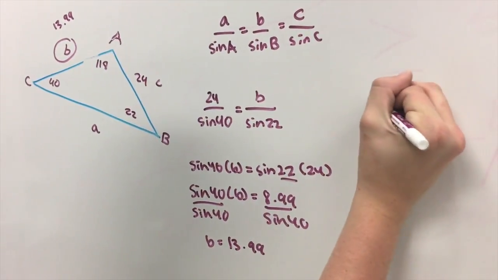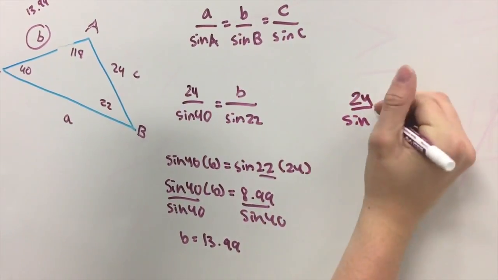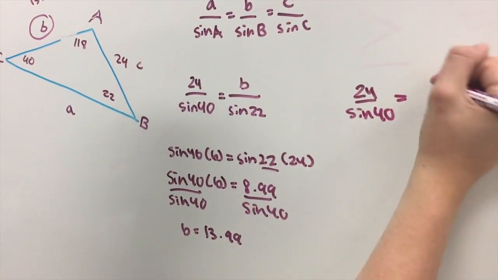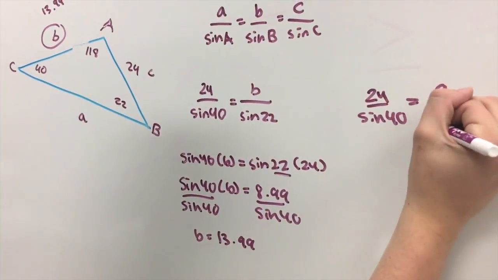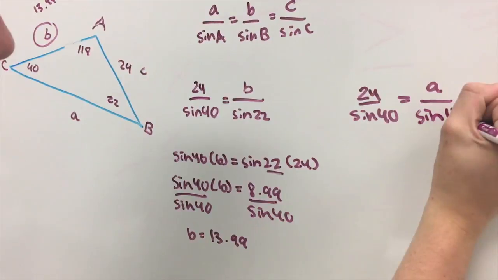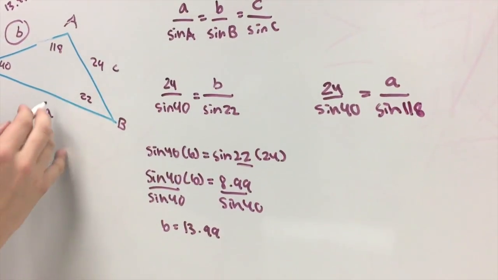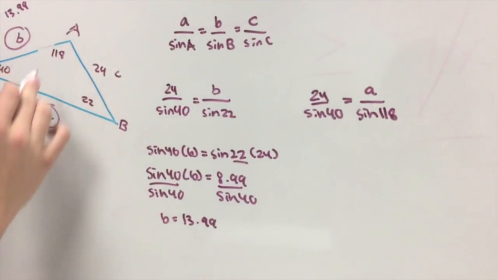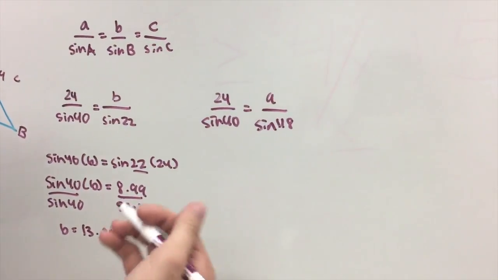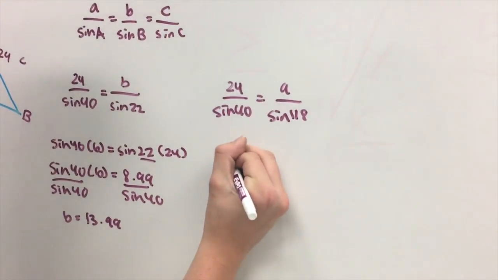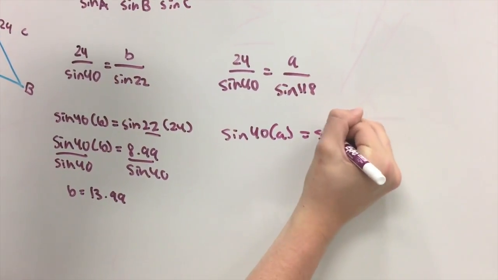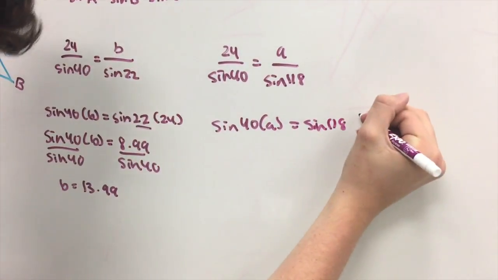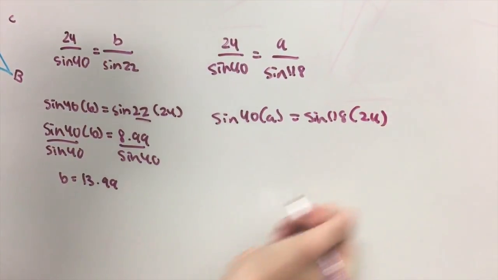So we can use 24 over the sine of 40, which is c over the sine of C, equals a over the sine of angle A, which is 118. We're solving for this a right now, so we want to cross multiply again, and we get the sine of 40 times a equals the sine of 118 times 24.